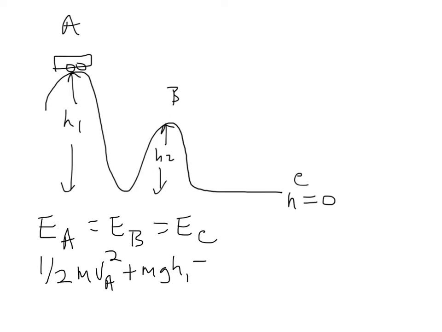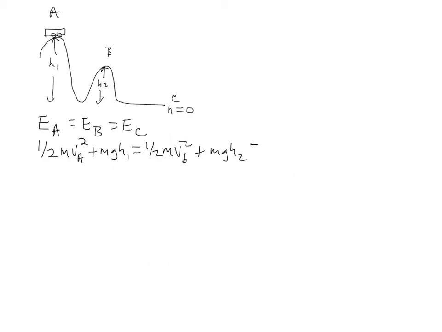By the time we get to B, it will have a different amount of kinetic energy. It's going to be more, plus a different amount of gravitational potential energy. At point C, it should be 100% kinetic energy, just like it should be here, because we define h equals 0 here.